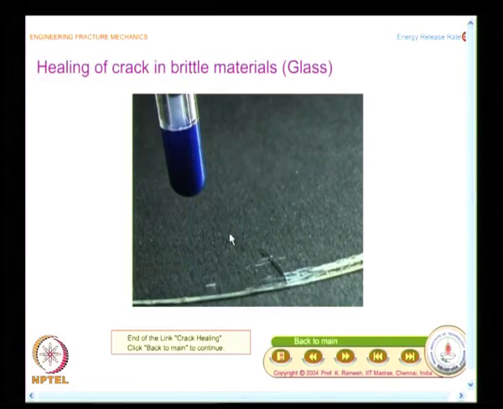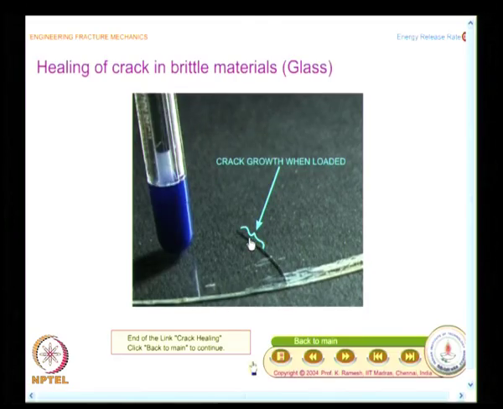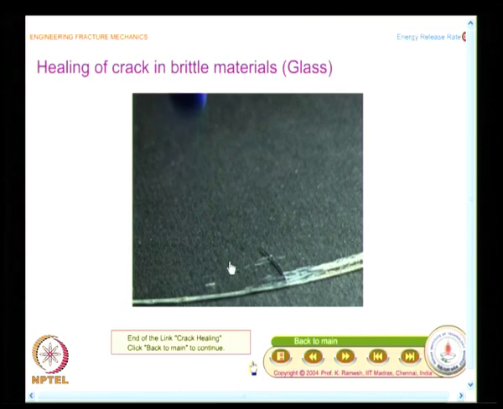It was an accident in the laboratory. So, you find the crack propagates, and when the pen is removed there is a healing seen.